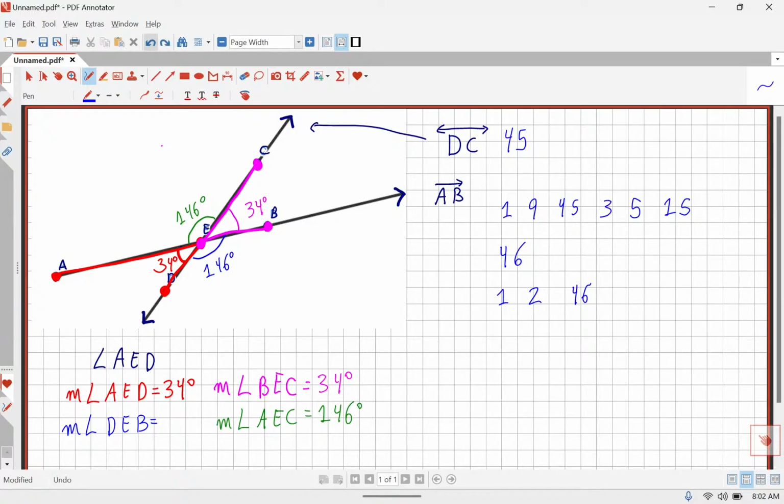Not 26, close though. 23. That's it. So 45 has 1, 2, 3, 4, 5, 6 factors. 46 only has 1, 2, 3, 4 factors. So 45 has got more factors than 46. Also, if you add all those factors up, you get a higher number than when you add all these factors up.